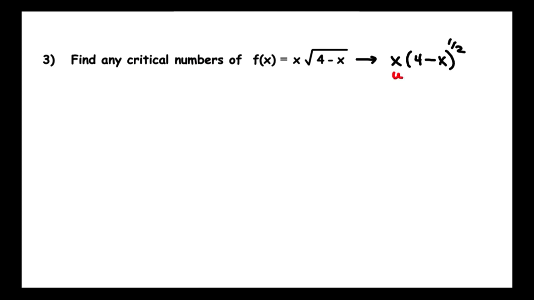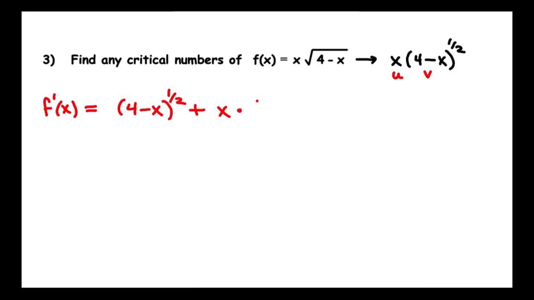The x is the u, the quantity part is the v. All right, first derivative. u prime v plus u v prime. Well, u prime is 1, so u prime v will simply be v. u prime v plus u v prime.